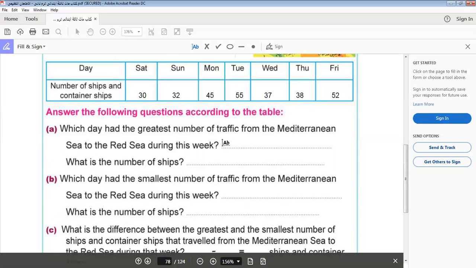So you have to write Tuesday. What is the number of ships? 55. Which day had the smallest? The smallest one is 30. On which day? On Saturday. So Saturday, and here, number of ships is 30.